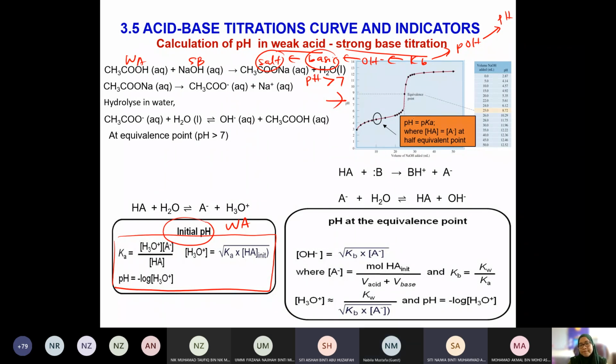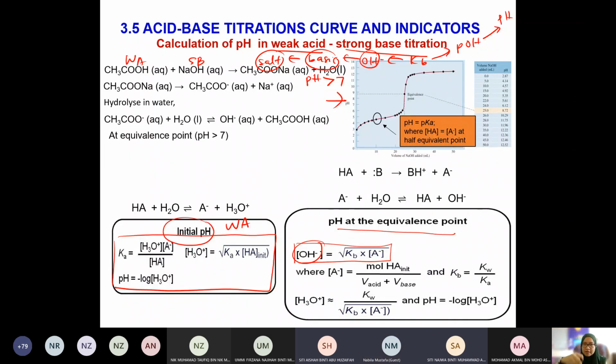Okay? Alright. pH at equivalent point. Again, same like I said, it's OH, right? So it will be basic, right? So you may need to use this to find the concentration of OH minus. But one thing you have to be careful about is normally Kb times C, right? For C, you have to prepare the new concentration. You cannot just simply use the initial concentration, the one before titrant is added.